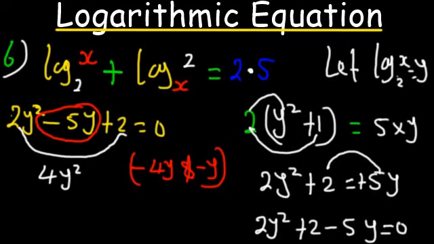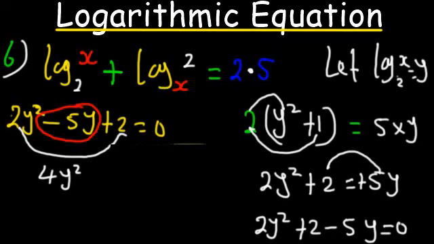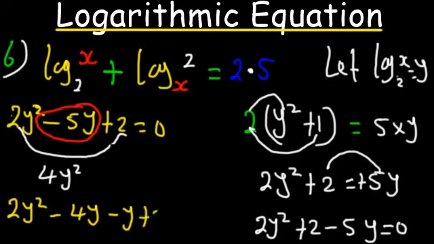Good. Now the next thing we want to do is to replace the middle term with everything we have. So I want to replace this with this. Good. So let me get rid of this for you to have more space. So we're going to have 2y squared then minus 4y minus y plus 2 equals 0.